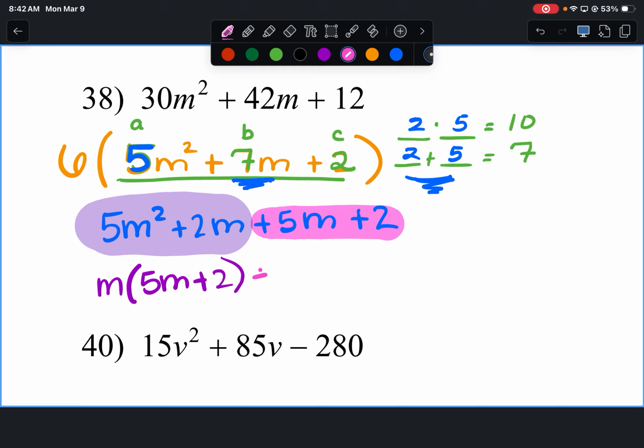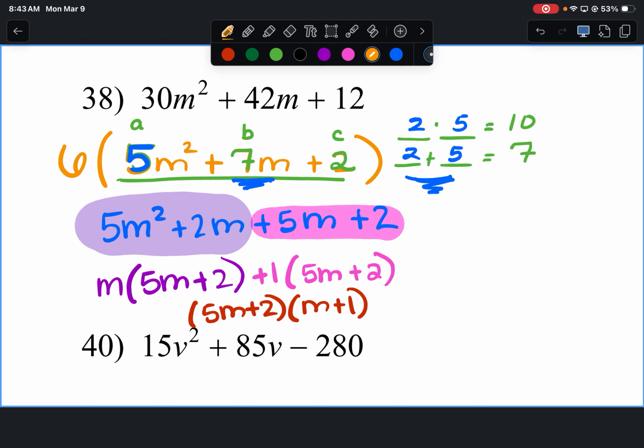There's nothing, so it's just 1. So, what is 5m divided by 1? What is 2 divided by 1? 2. Now, what part is the same? 5m plus 2. What part is left over? m plus 1. And is that my final answer? No. What do we need to put in front? Drop that 6. There we go.